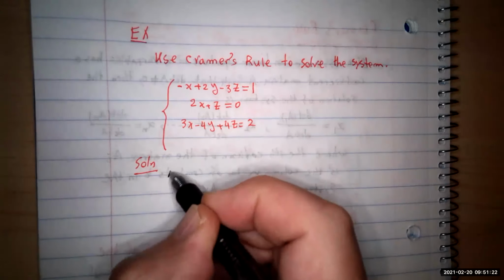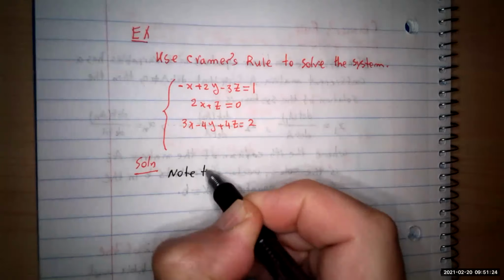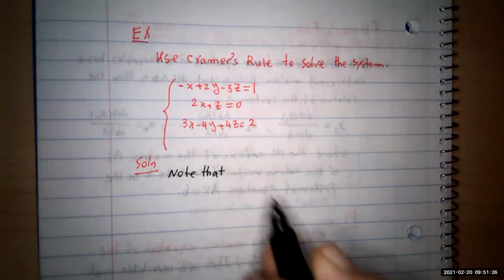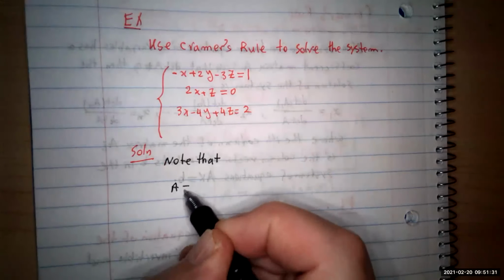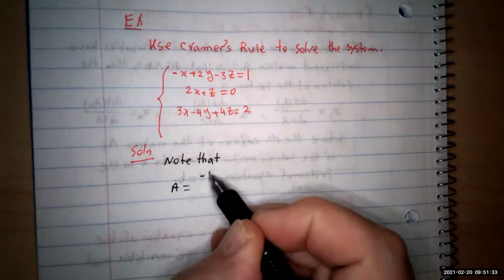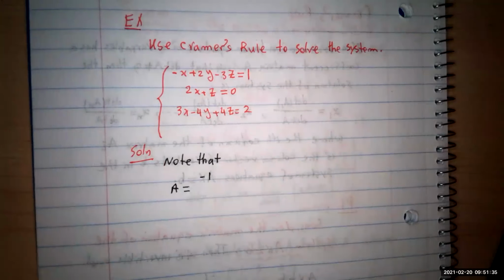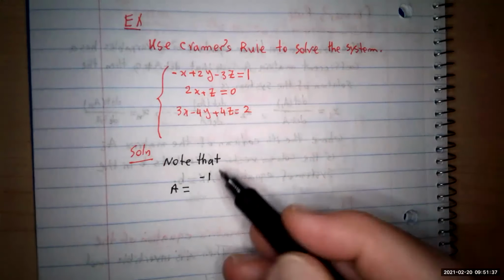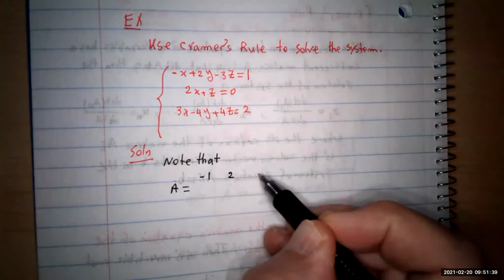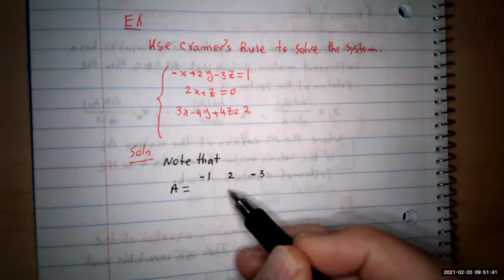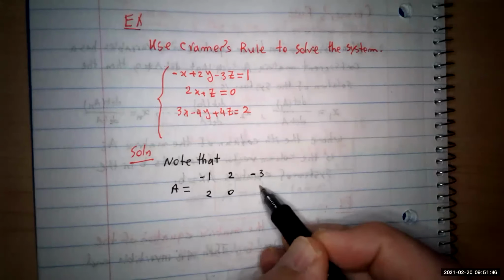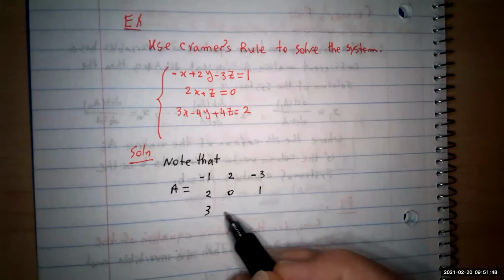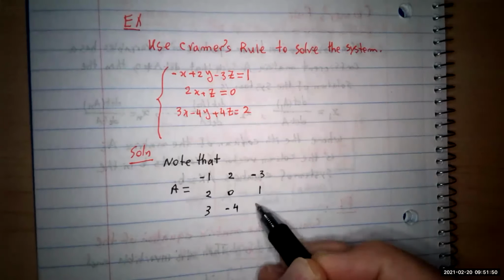Note that this is the matrix of coefficients: -1, 2, -3, then 2, 0, 1, then 3, -4, 4.